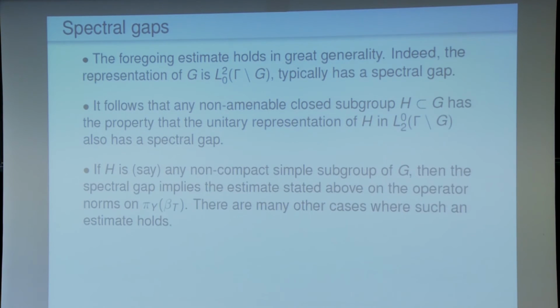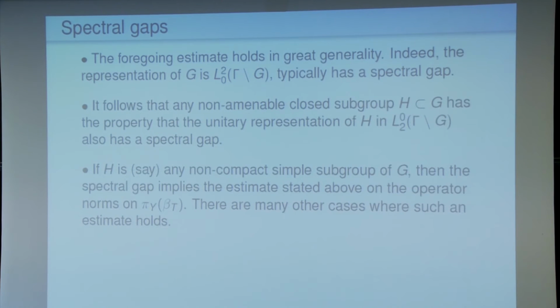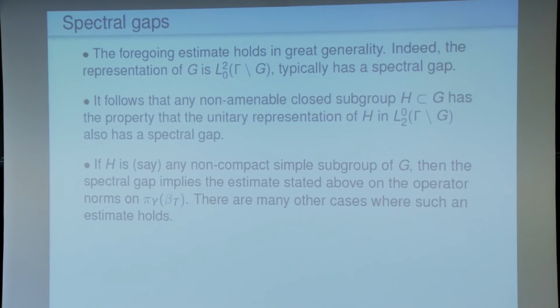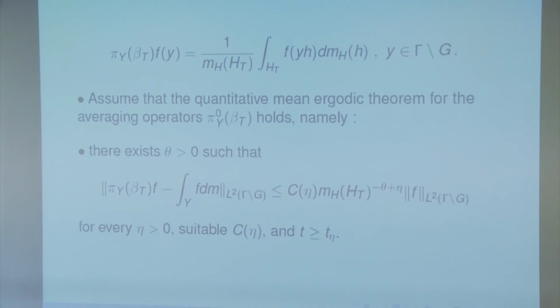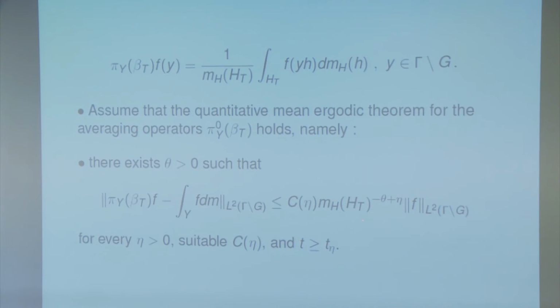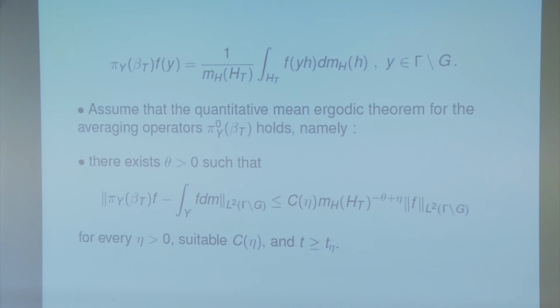And so now suppose that H is, for example, a non-compact simple subgroup of G. And then the spectral gap implies the estimate stated above on the operator norm of pi_y beta_t. And there are many other cases where such an estimate holds. So basically what I'm saying in this statement is that this estimate, which is the crucial estimate that we're interested in, is actually very, very common.